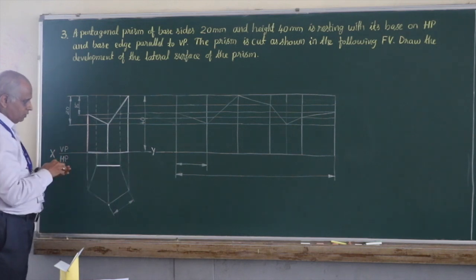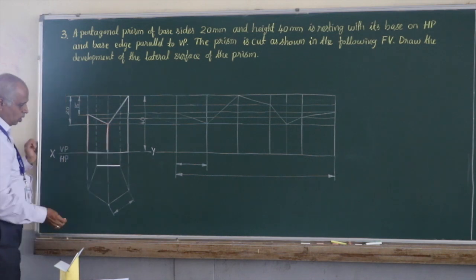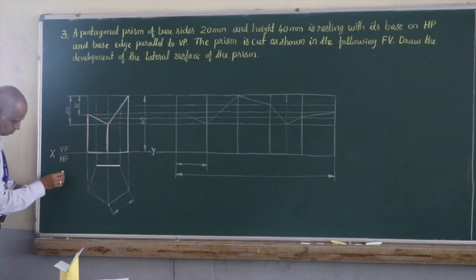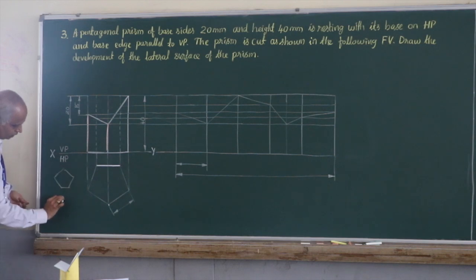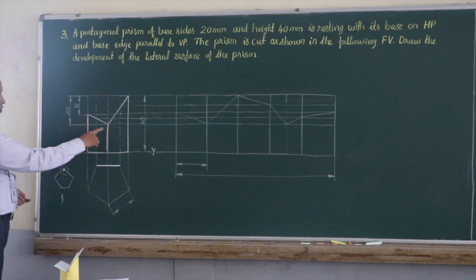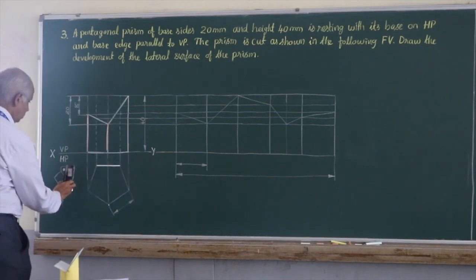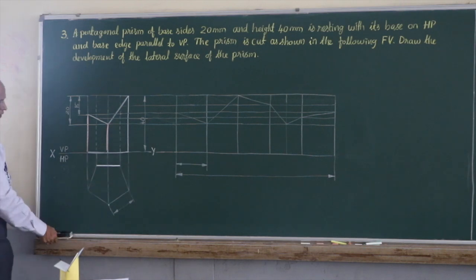As per the drawing given here in front view, this is a visible edge. So I should not take it like this. If I had drawn the pentagon this way, then in this front view this would have become invisible, meaning this should have become a dashed line, and therefore it's not correct to keep it the other way.